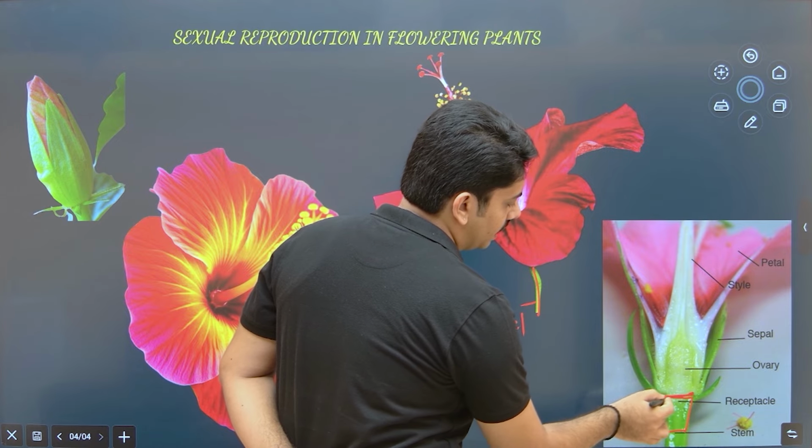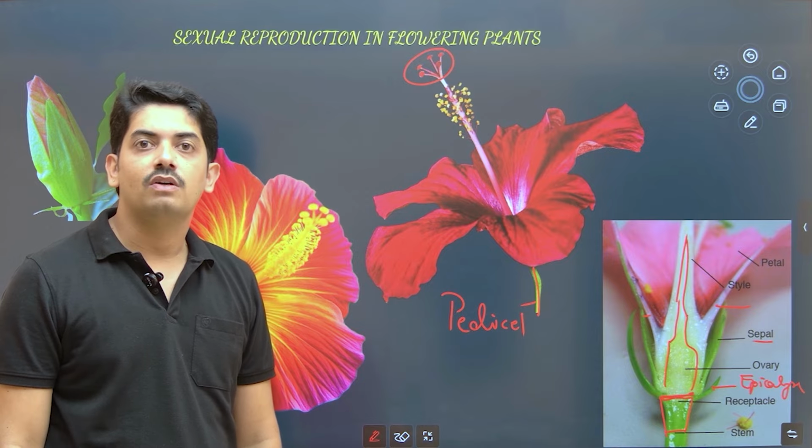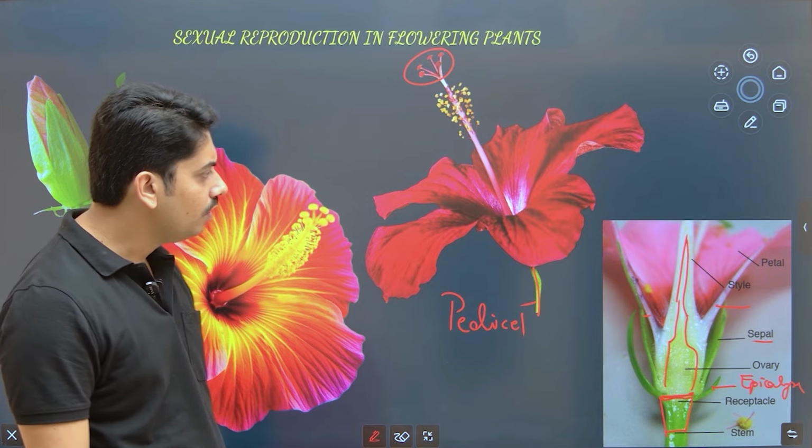This is the female reproductive structure, which passes through the tubular structure, in this case of hibiscus. Here you can see there are 5 gynoecium, they are all fused and passing through the funnel-like structure that is formed by the fusion of all the androecium. That condition we call monoadelphous condition. So this is how we'll study a flower.